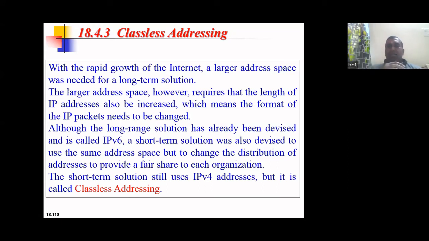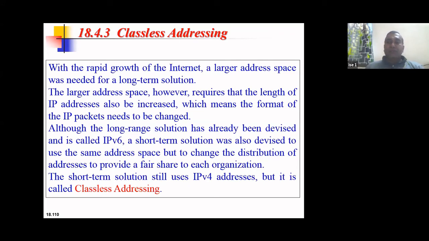To address that, they had to increase the number of IP addresses. The IPv4 format is not sufficient, so the IPv4 packet format had to be changed. Instead of 4 bytes, they increased the size to 6 bytes.